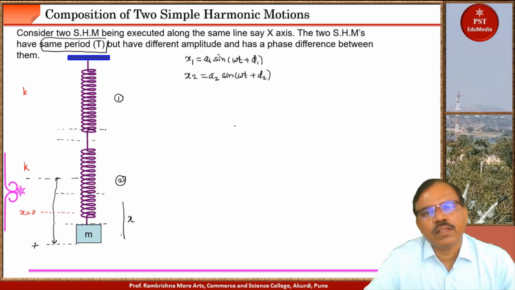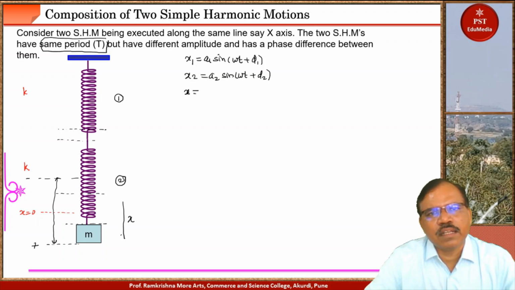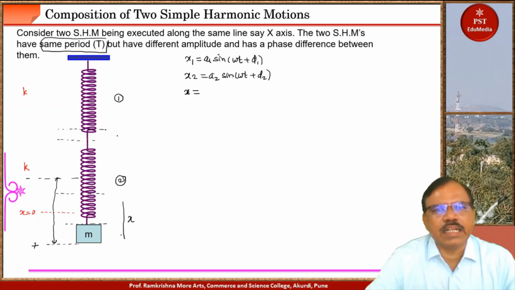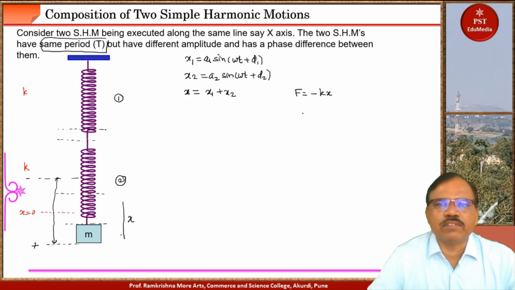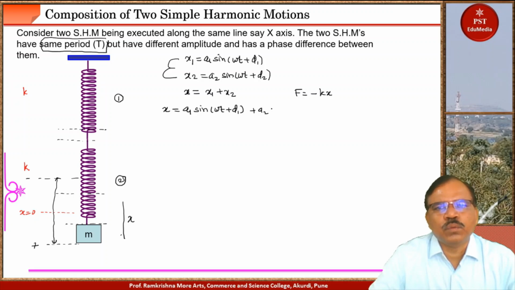So what is the resultant displacement? x1 is due to the first spring, x2 is due to the second spring. Resultant is x1 plus x2. And we know resultant force F is equal to minus kx, where x is x1 plus x2. So if we use this x1 and x2 here, we get x is equal to a1 sine(omega t plus phi 1) plus a2 sine(omega t plus phi 2).